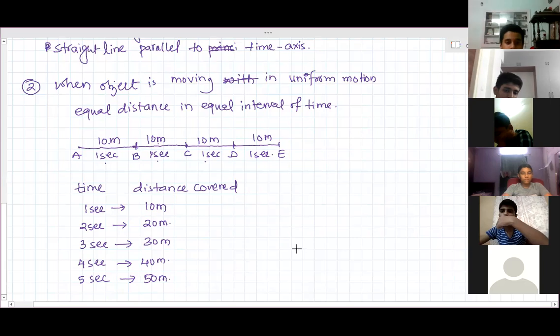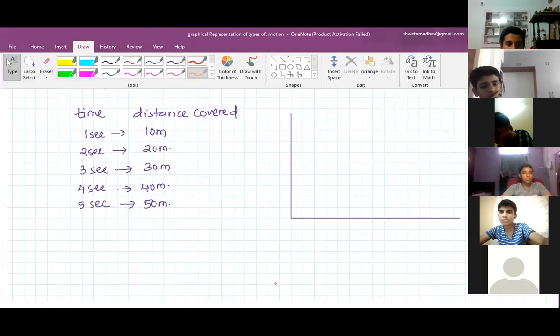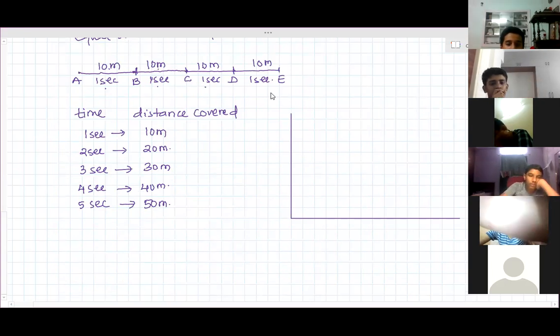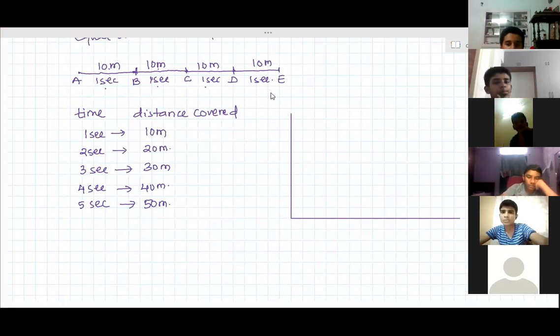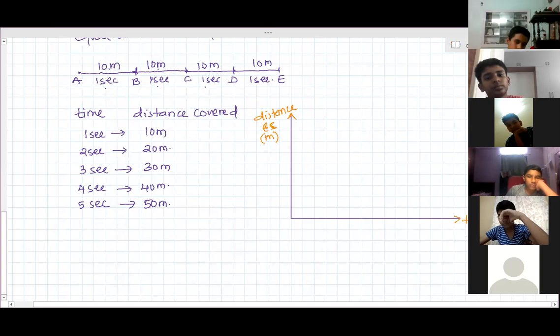So we will draw the graph for this. Here, this is distance covered, S in meters, and the x-axis is time in seconds.